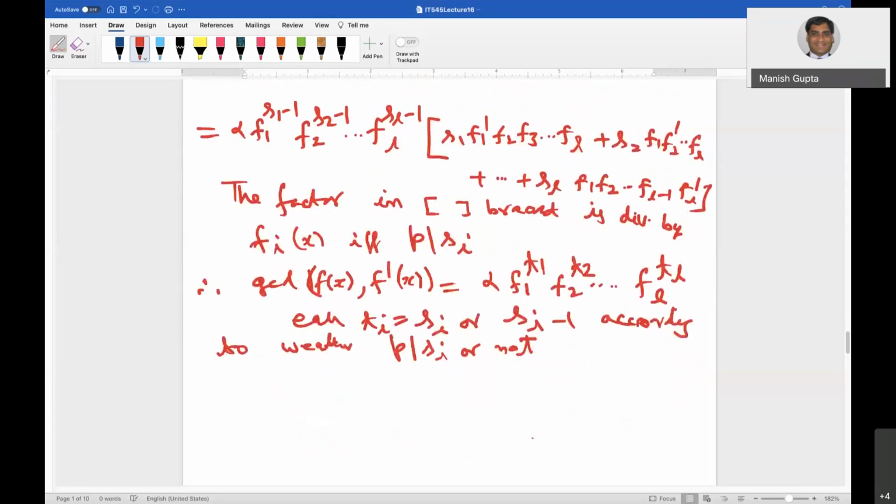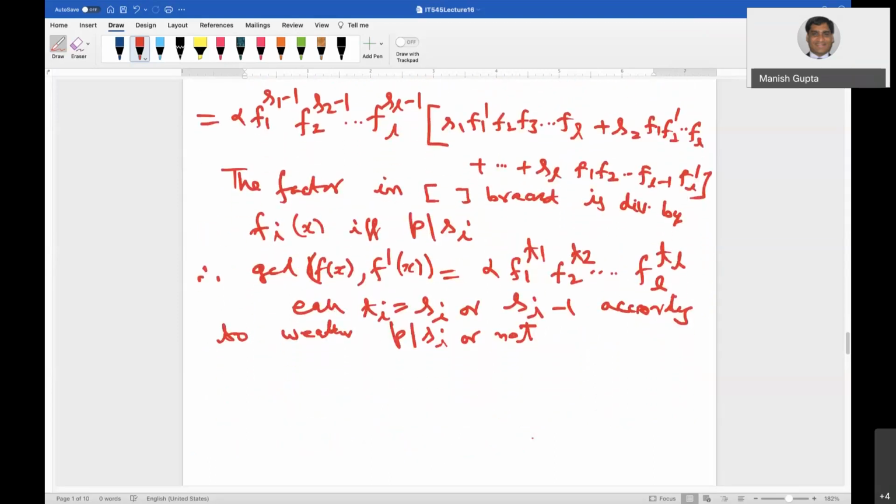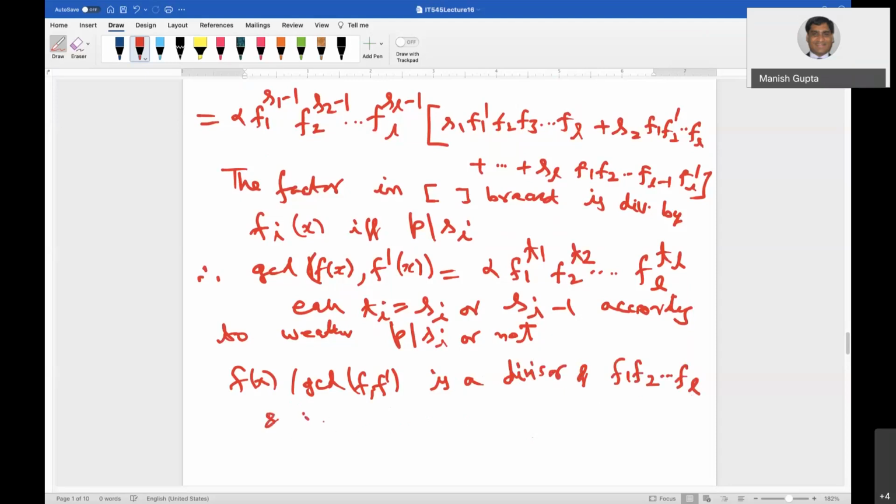Okay, this we can write. That means f(x) divided by GCD of f and f prime is a divisor of f1, f2, ..., fl, and is therefore square free.